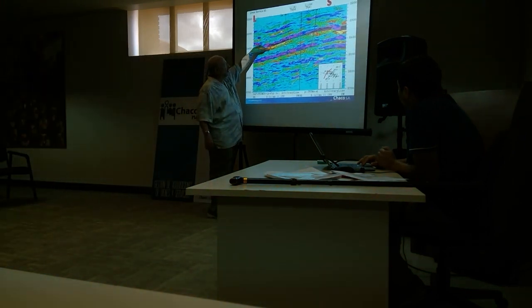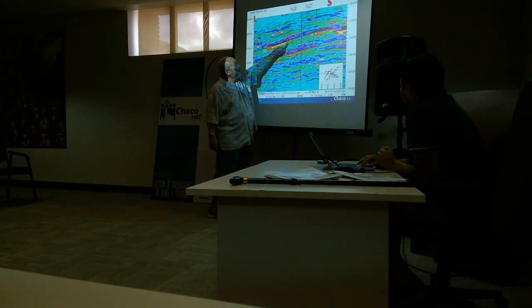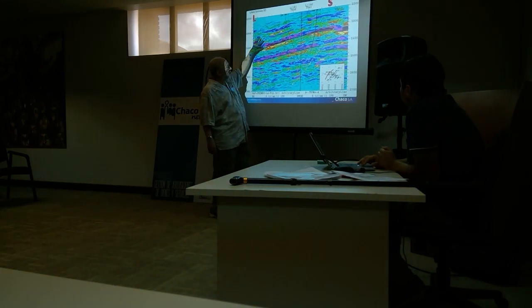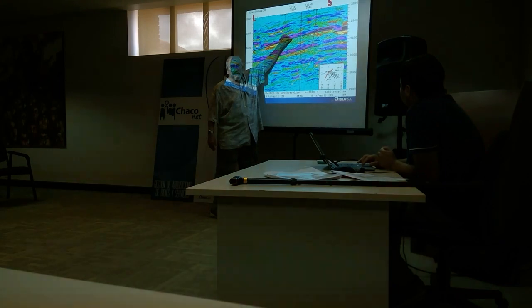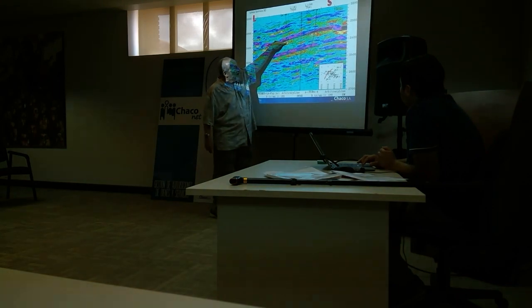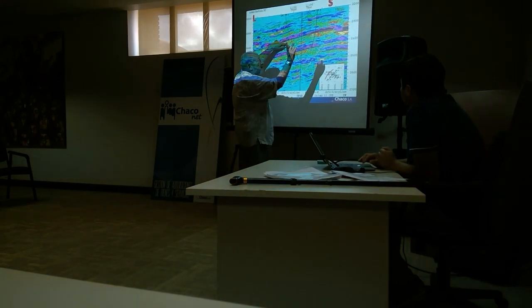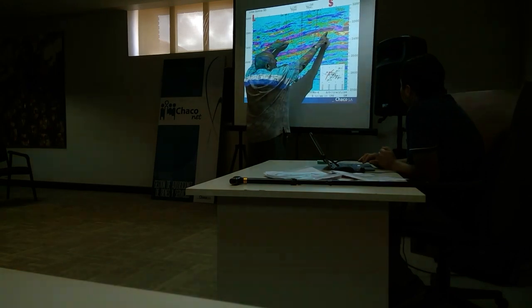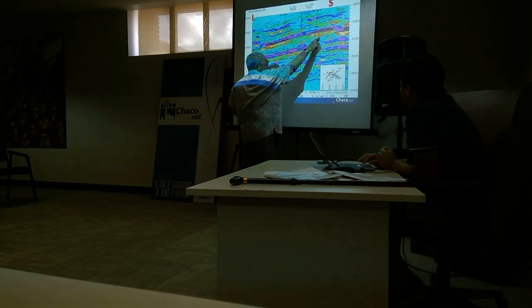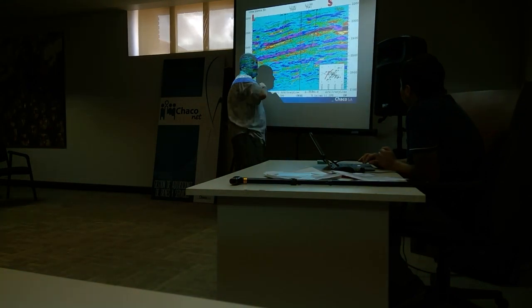This is the steep side, and the shallow side is getting thinner. So this is your point bar over here. Over here, it's just the opposite, where you've got your channel, and then you're thinning your point bar.